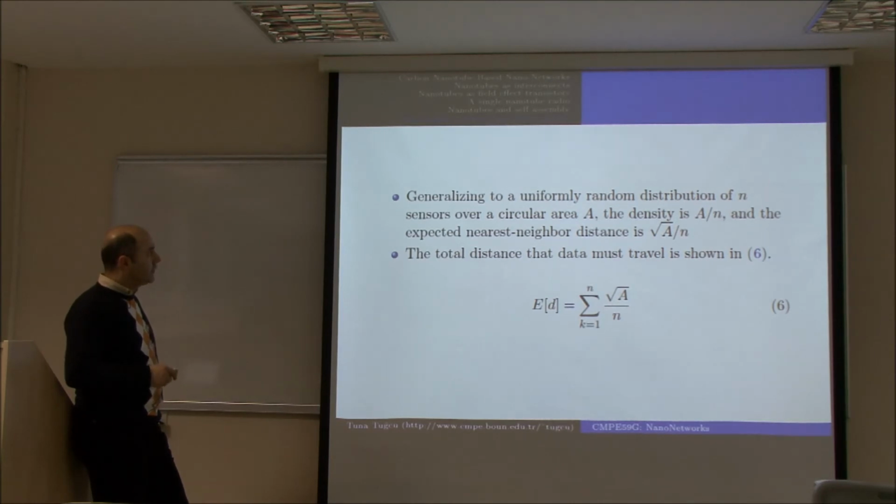So when you try to generalize to a uniformly random distribution of n sensors over A, which are, as we said, perfectly distributed, the density in that case would be A over n, and the expected nearest neighbor distance would be square root of A over n. And the total distance that the data must travel, the expected value of the distance, would be the summation from 1 to n of that square root of A over n.